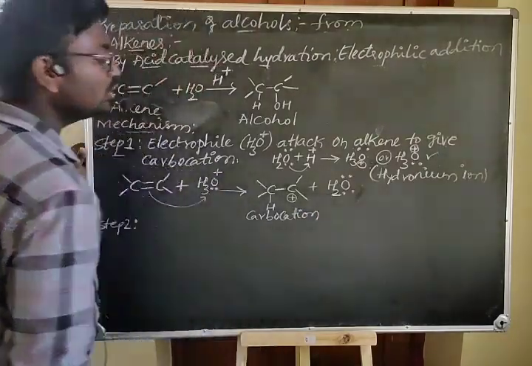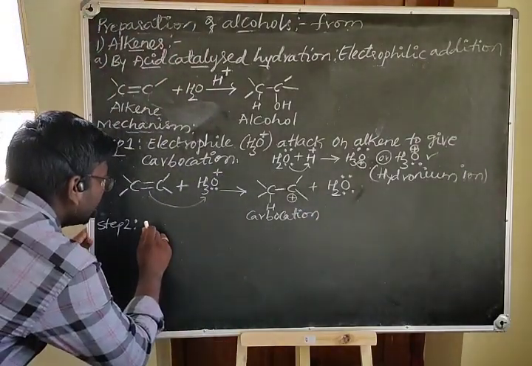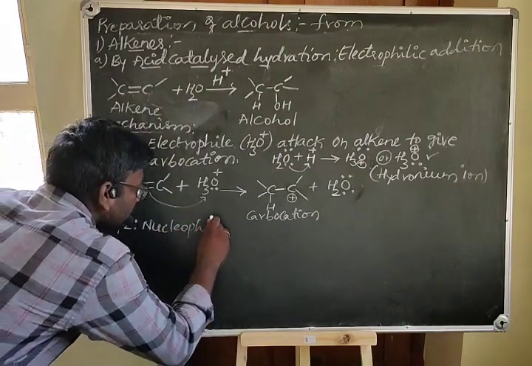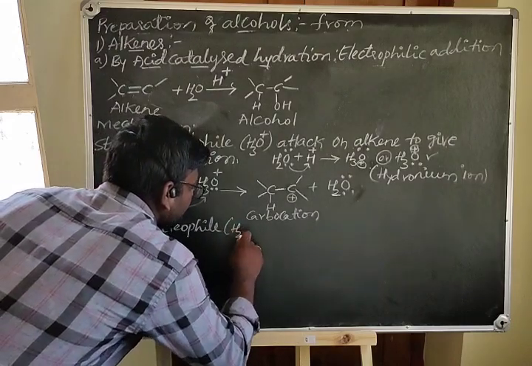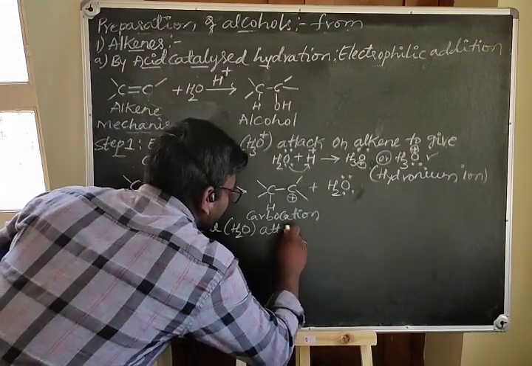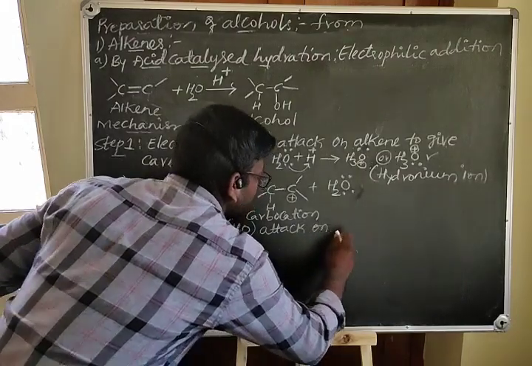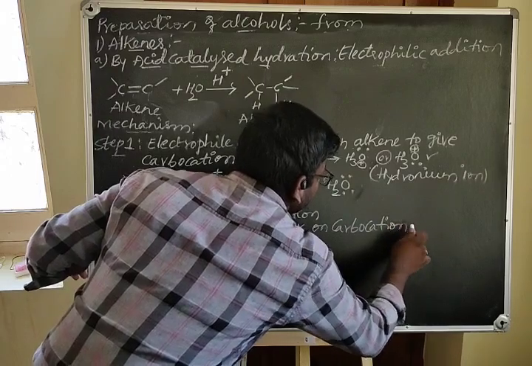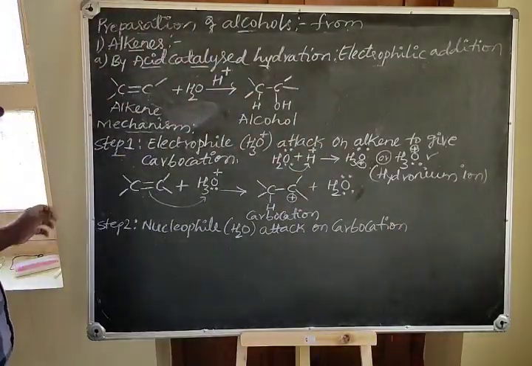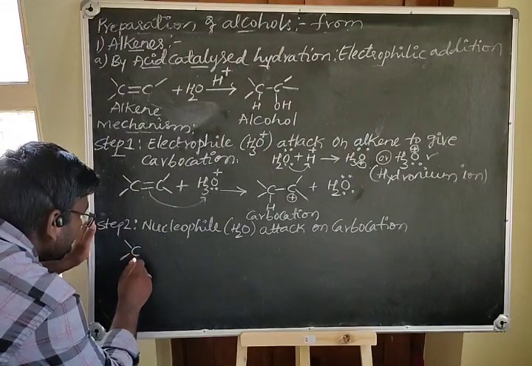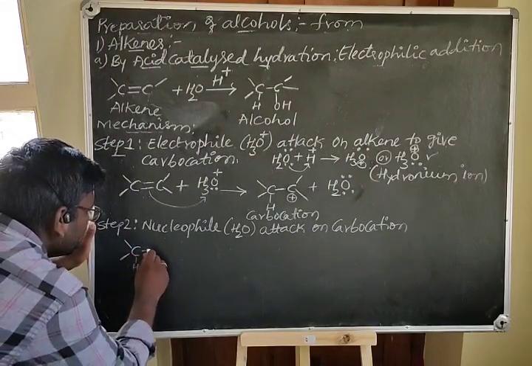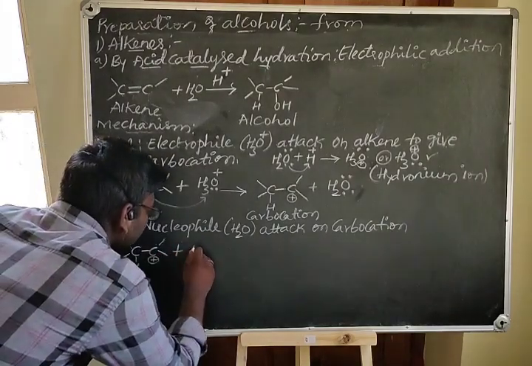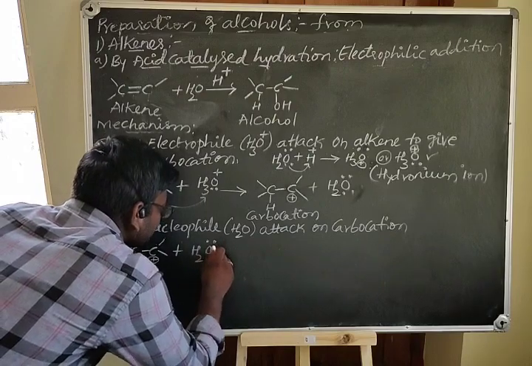Now, in the second step, you can see the attack of H2O. H2O here acts as a nucleophile. Step 2 is nucleophile attack. What is the nucleophile here? H2O. The nucleophile H2O attacks the carbocation and gives the protonated alcohol. Here we have the carbocation, and to this the H2O, a nucleophile, is attacking.